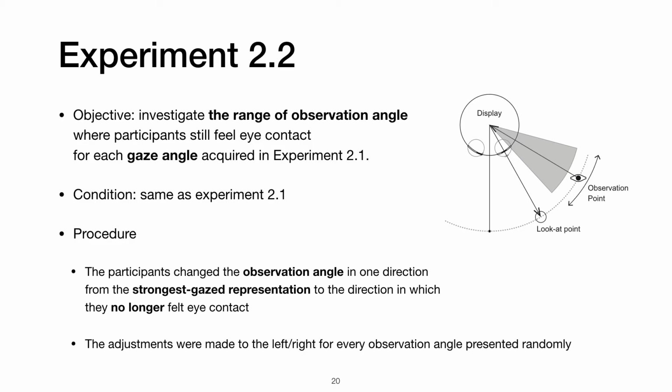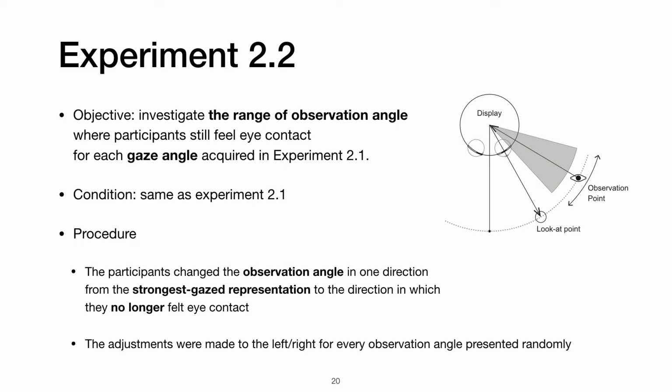So we did experiment 2.2, whose objective is investigating the range of observation angles where participants still feel eye contact for each gaze angle acquired in experiment 2.1.